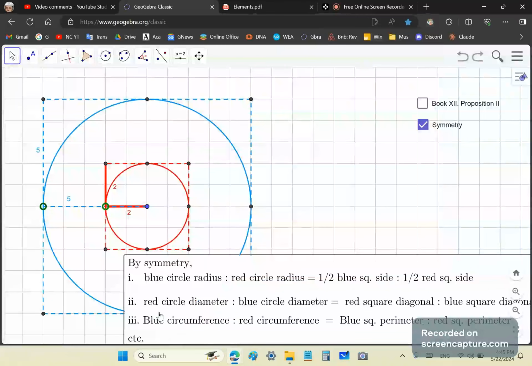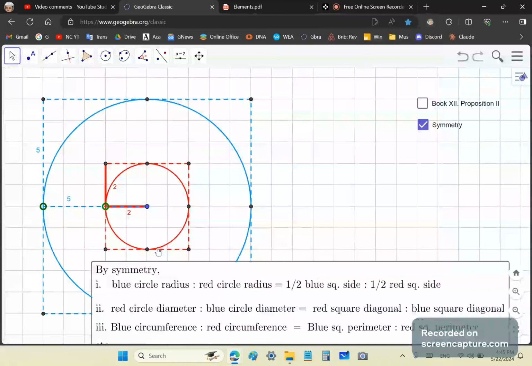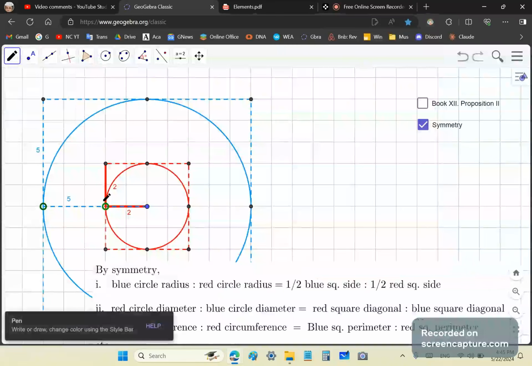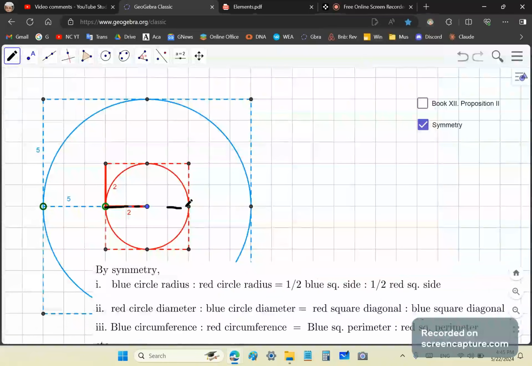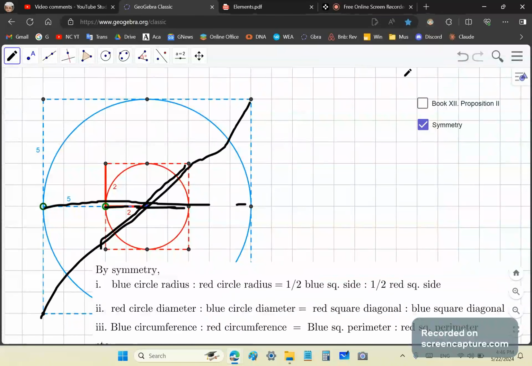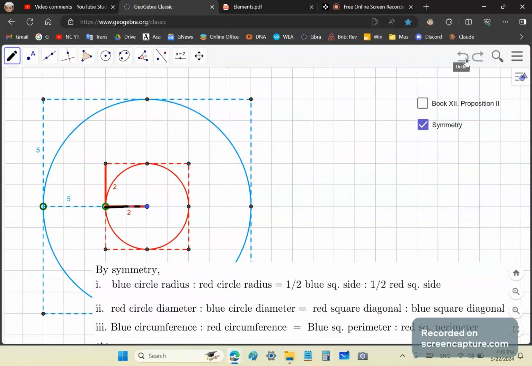So I said that the red circle diameter, which is this, to the blue circle diameter, which is the whole thing, is the same as the red square diagonal to the blue square diagonal. Does that make sense? Okay, so that's what that is saying.